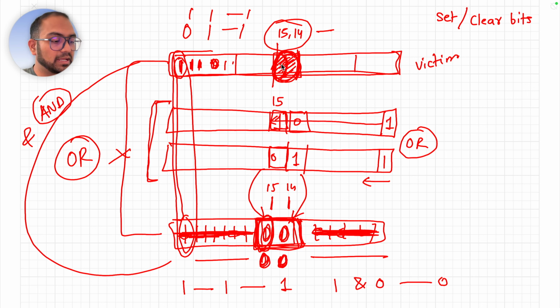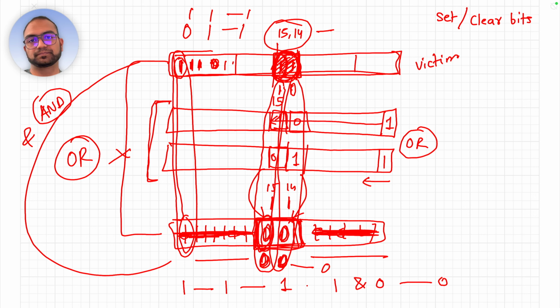And so when we AND them with the original, it can be 1 and 1 or 1 and 0, or whatever combination. But what it will ensure is when we are ANDing them with a 0, the answer is a 0. So remember this, whatever you OR with 1, the answer will be 1.